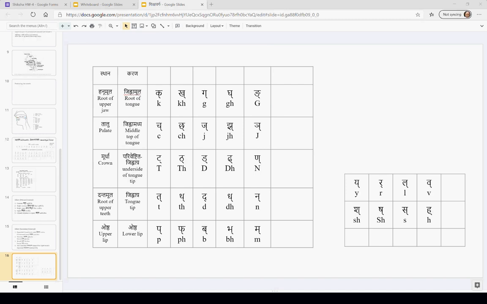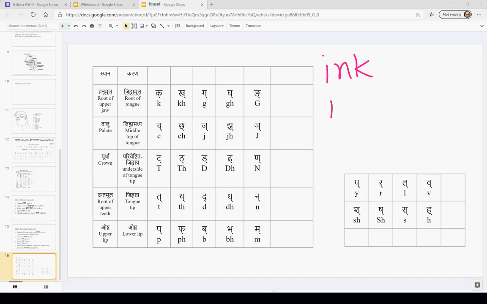Okay. So while pronouncing this na sound, in English, let's take the example of the word ink, I-N-K. We write different words in English, mostly using N and M for the nasal sounds, right? So ink is one example.